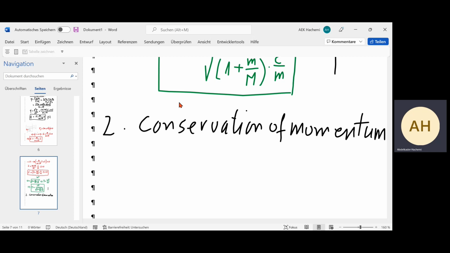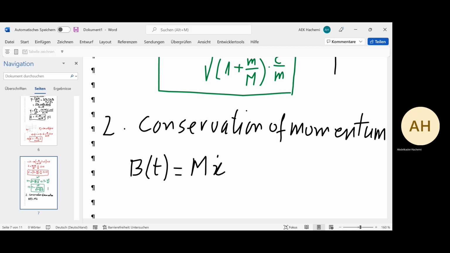Now, if we take the definition, that we note in our lecture for the conservation of the momentum, B at time t, we have two masses: M, which has the velocity x dot, which is the frame velocity, plus small m, which has the velocity of the frame plus the relative s dot.